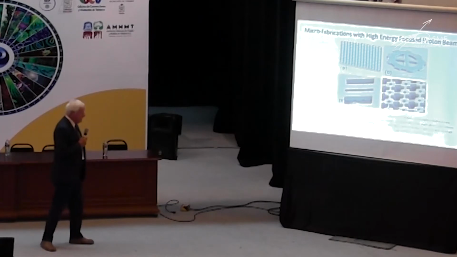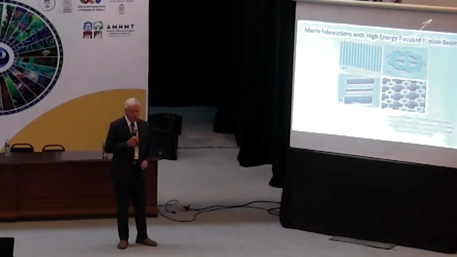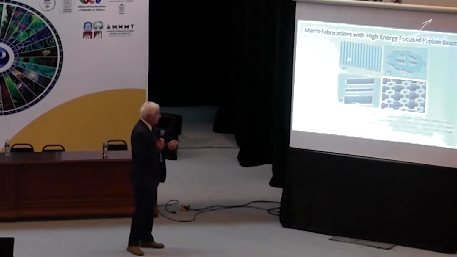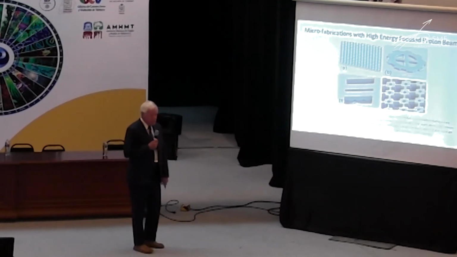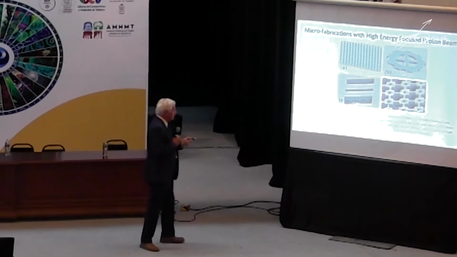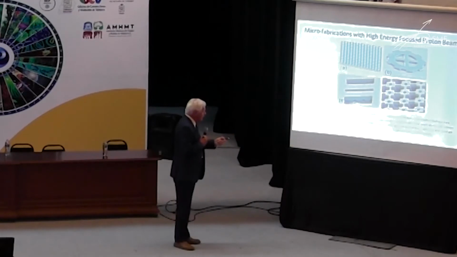Microfabrications with high energy focused ion beams. So these are ion beams that are used to actually carve materials. So these are different kinds of materials. A and B are called negative resist, SU8, which can be shaped like this. And to see the scale, there's a little bar here. It's about right here. This is 50 microns. Down here, the bar is right here.